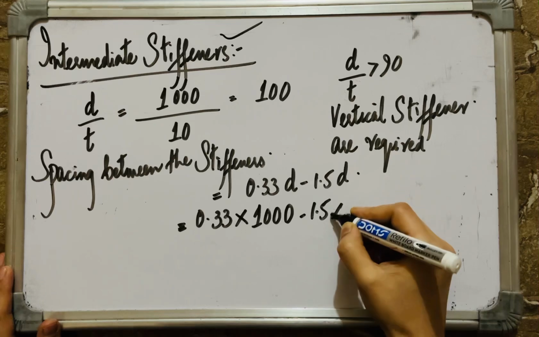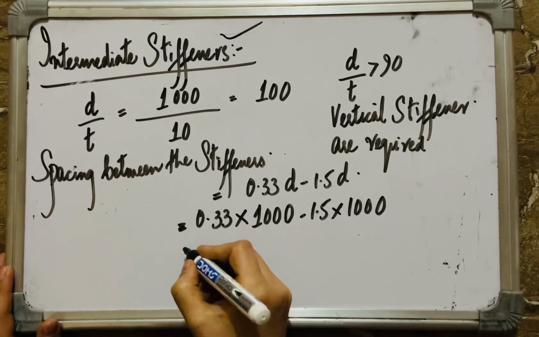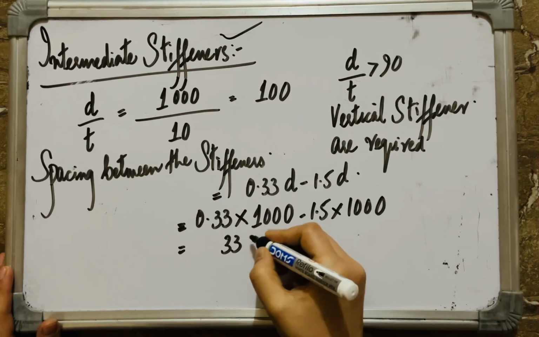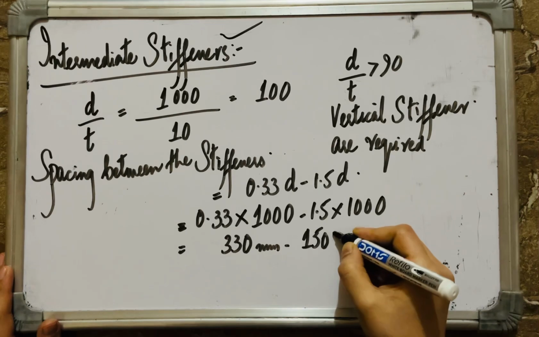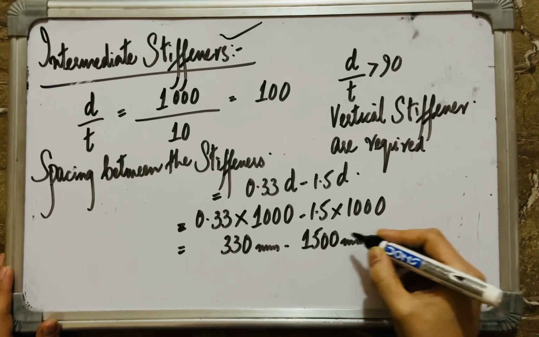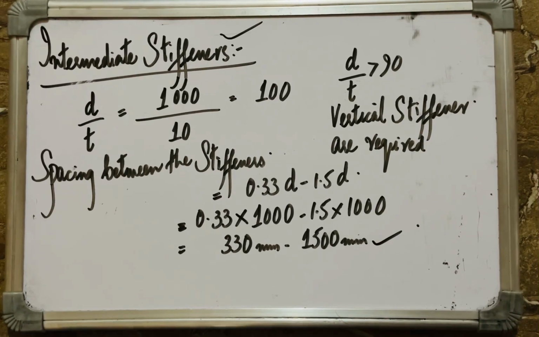And what is the range? It goes in the range of 330 mm to 1500 mm. Since our D by T ratio is greater than 90, we have to provide the vertical stiffeners, which will prevent the web buckling under shear stresses and also improve the overall shear capacity of the structures, and the spacing between them should lie between 330 mm and 1500 mm.